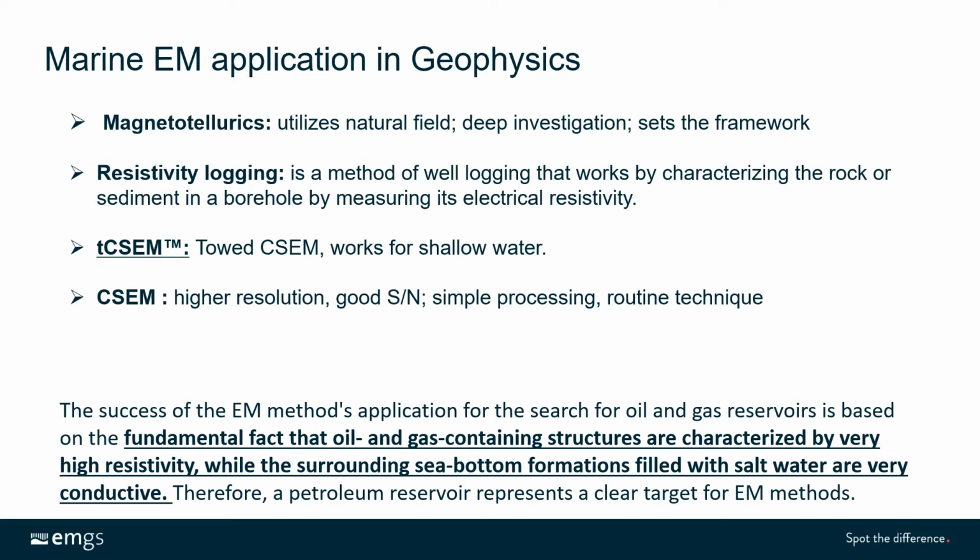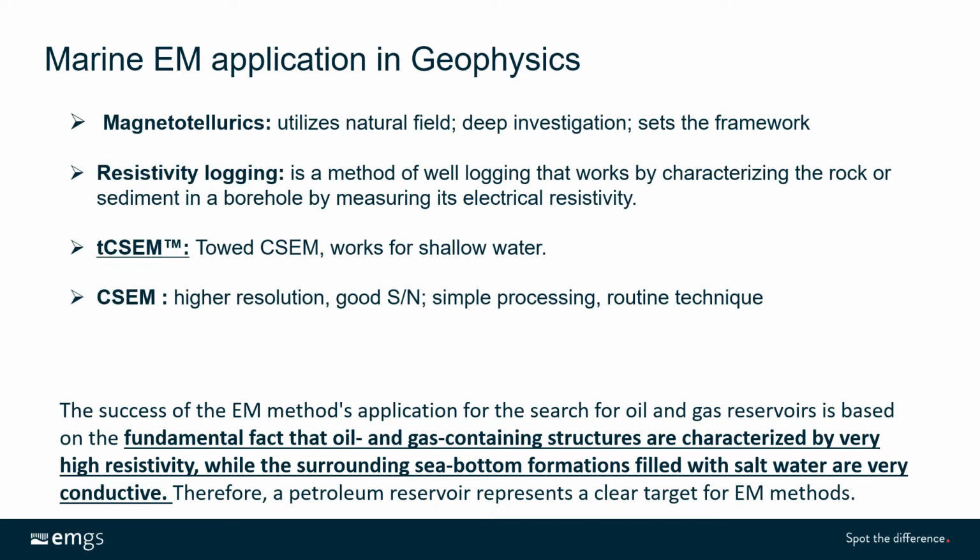And then comes the controlled source electromagnetic. The reason why I divided it into two parts is that there are two ways of acquiring the data. One is the towed controlled source electromagnetic, which is much more suitable for shallow water, and it's mostly a 2D technology, or you can say dense 2D or 3D technology.